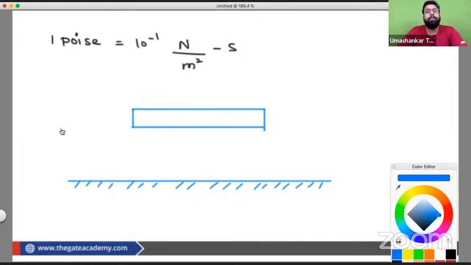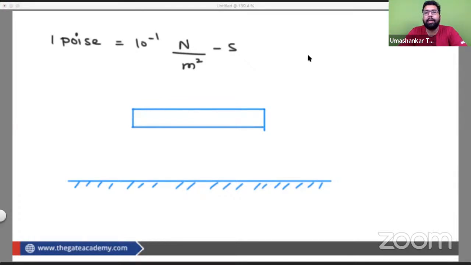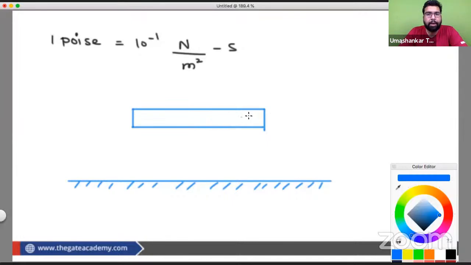Do not get confused: the other surface can be fixed, or it can be at some different velocity from that of the moving surface. Now please remember this. We have this surface moving at some velocity, let's suppose v, and this one is at velocity 0.